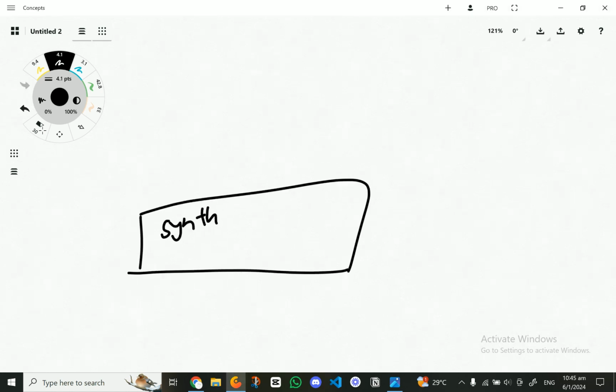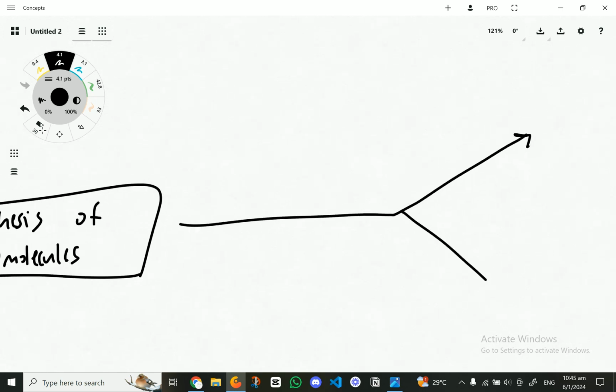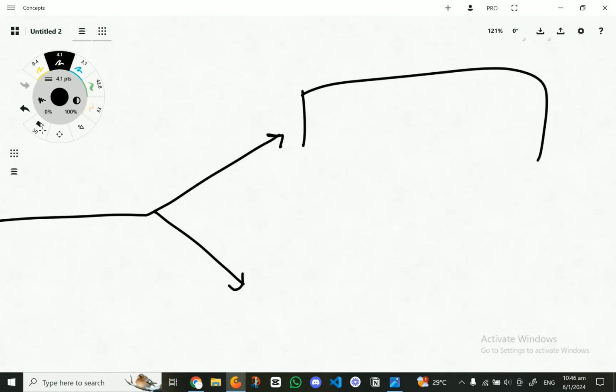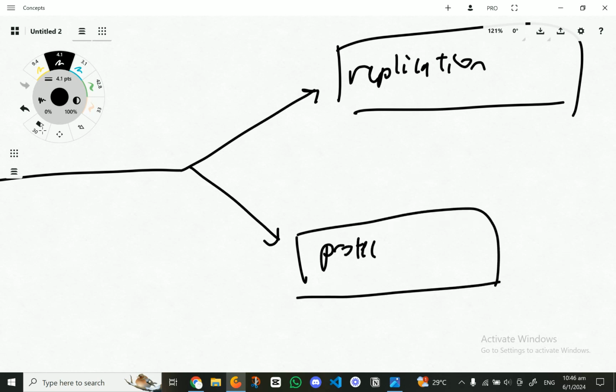is I'm trying to recreate the backbone first, so it's synthesis of biomolecules that leads to replication and also protection. Okay.